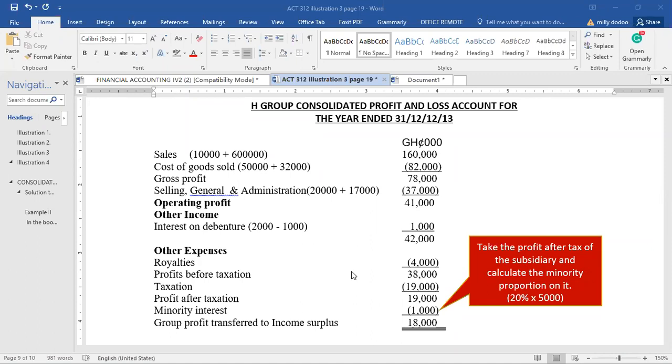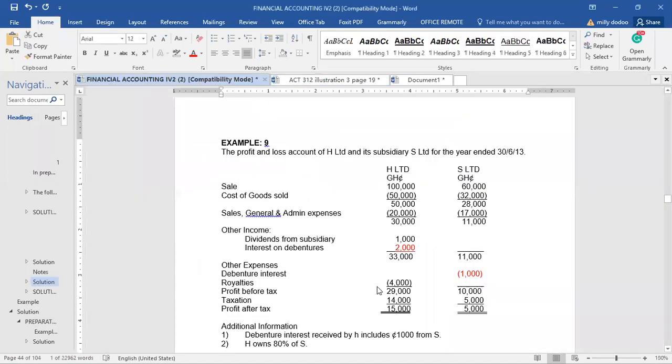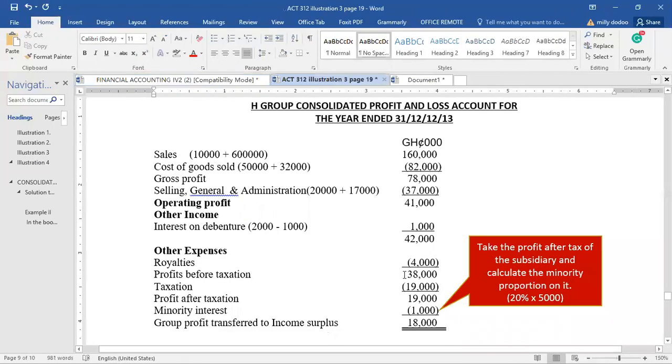But that debenture interest belongs to S, which he has paid to H. And that was the debenture interest they were talking about in the footnote over here, that the debenture interest of H includes 1,000 received from S. So if H has a debenture interest of 2,000, and they are saying 1,000 is received from S, then 1,000 will not appear on the account, and 1,000 from here too will not appear on the account. So basically, that is what we've done here for this particular illustration.